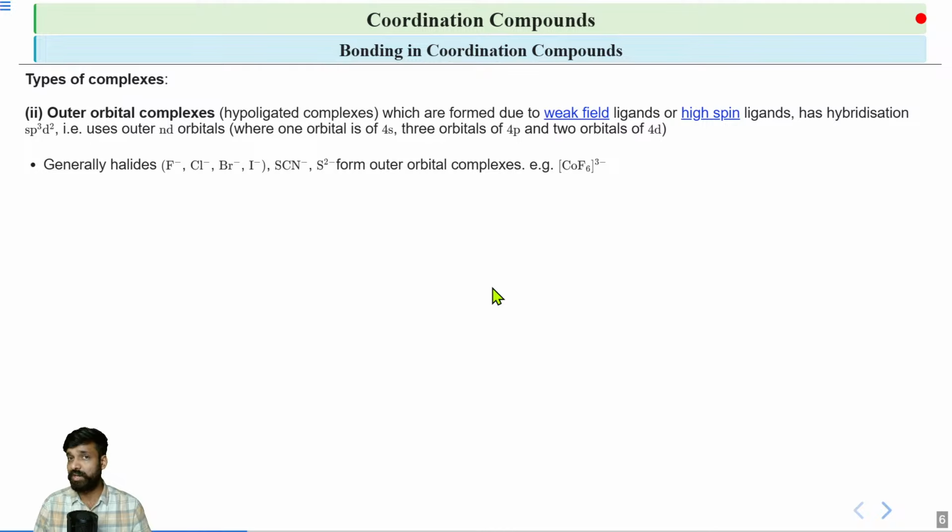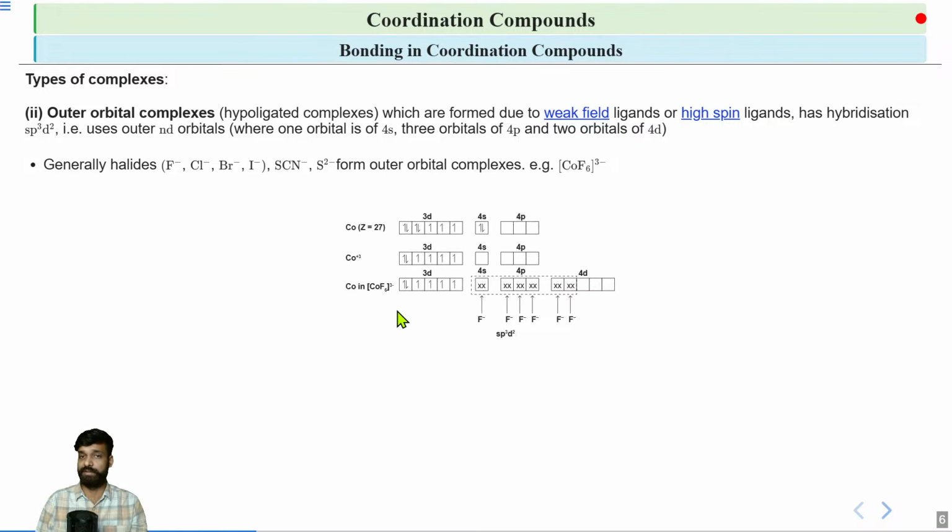Meanwhile, you can also calculate the magnetic moment. It's very simple. We have seen the diagram in the previous example as well. You only have to put the electrons in such a way that pairing does not take place. So you will use the formula root under 4 into 4 plus 2 to calculate the magnetic moment.